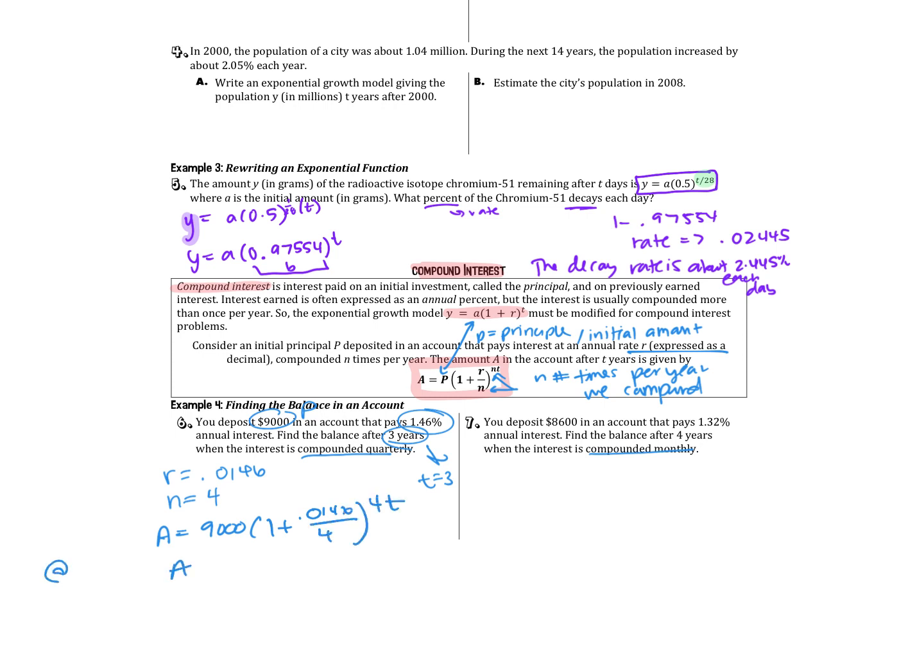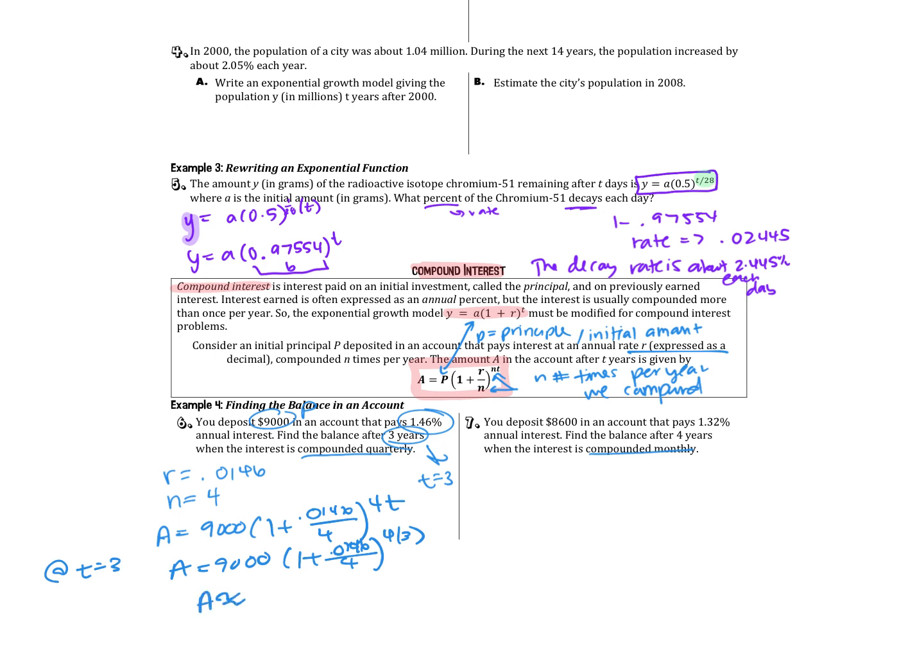And for this problem, we actually care about what happens when t is equal to 3. Now, when you type this into your calculator, I recommend that you work from the inside out and you let your calculator do the work. But start by 0.0146 divided by 4. Take that number, add 1. Take that number, raise it to the power of 12. Take that number and multiply it by 9,000.